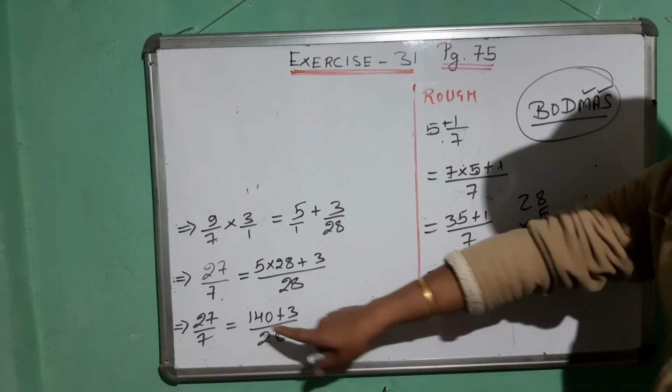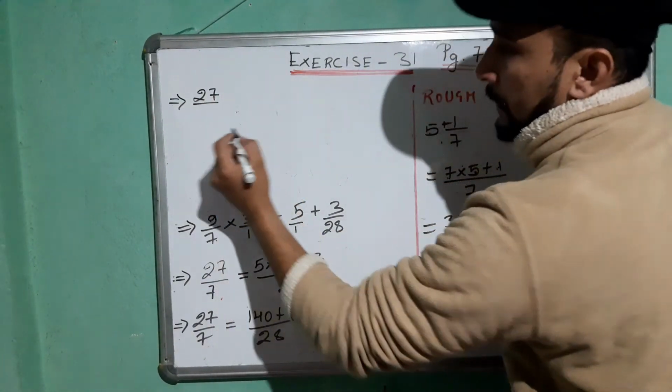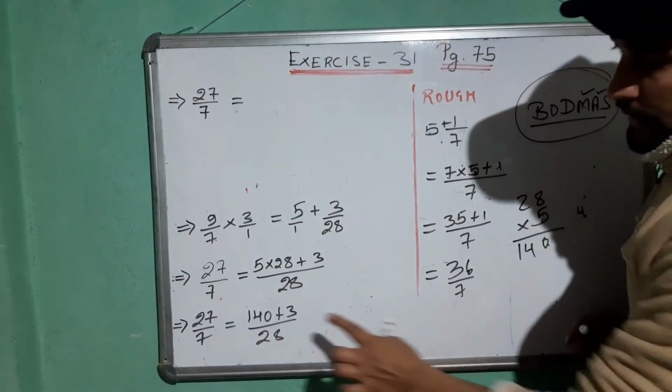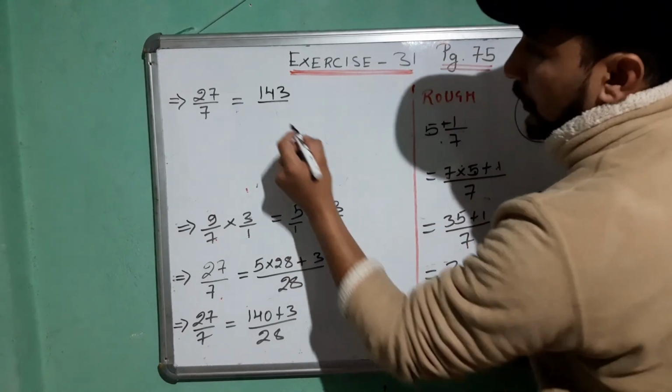From this line, left hand side, you copy as it is, since you cannot simplify further. And right hand side, 140 plus 3 will be 143 divided by 28.